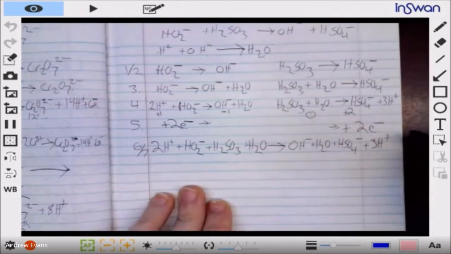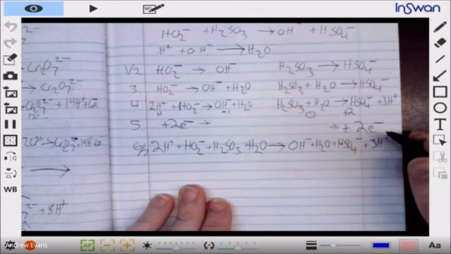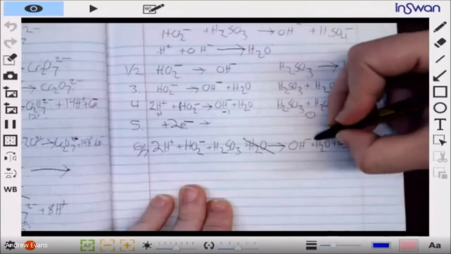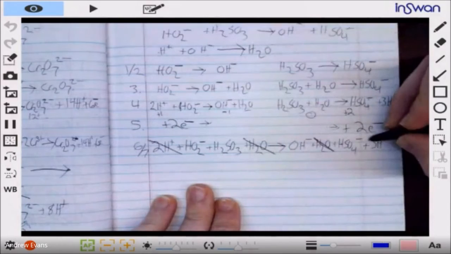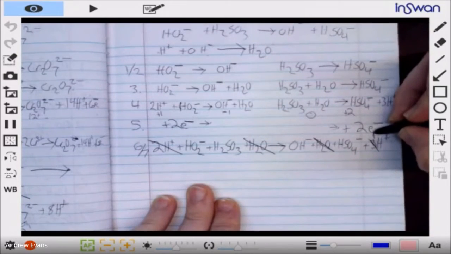We'll start by canceling everything that is the same on both sides. We have 1 water, we have 1 water. We have 2 H's, we have 1 H.